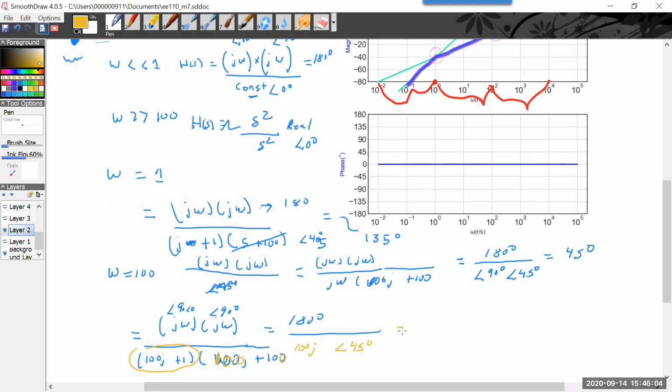So we have 180. Converting that, 100j becomes an angle of 90 times an angle of 45, which would combine to 45.